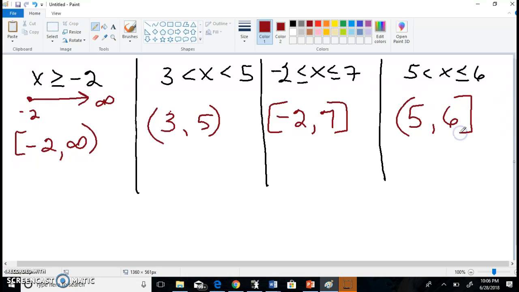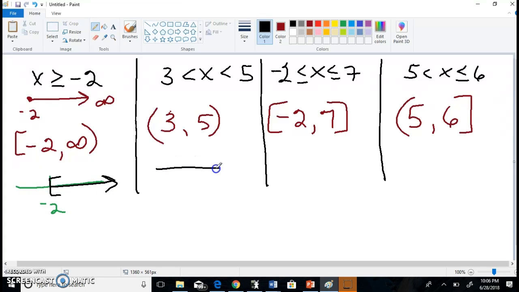Now I do want to real quick go over this because this is in the homework. So in the homework, instead of using the closed and open circle like I showed you, they actually use the brackets and the parentheses on the graph. So for this one, if you had -2, instead of doing a closed circle on the -2, they would do a bracket on the -2, and then they would shade to the right.